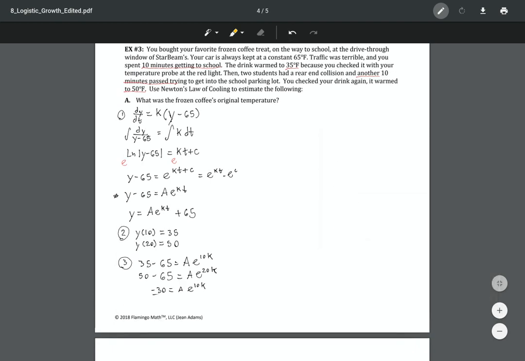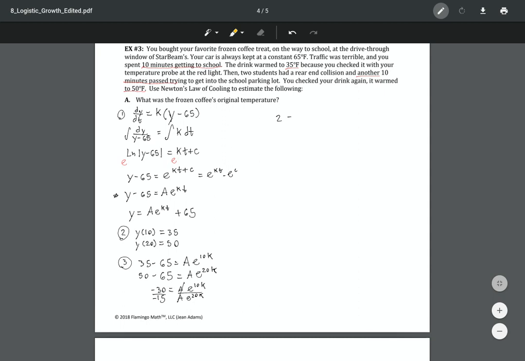So I'm going to do a ratio here. 50 minus 65 is negative 15. That ratio should work because it comes from the same equation, so it should have the same a and the same k. If I do that ratio, that's going to give me a 2.